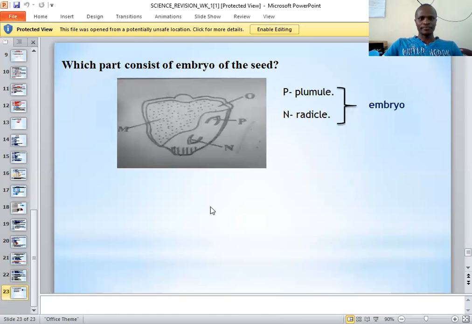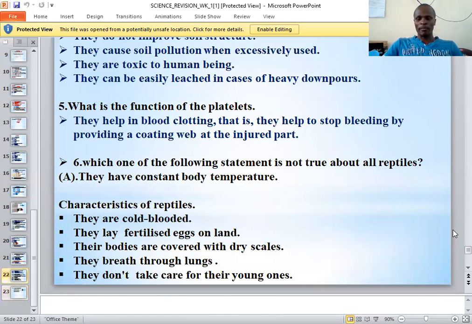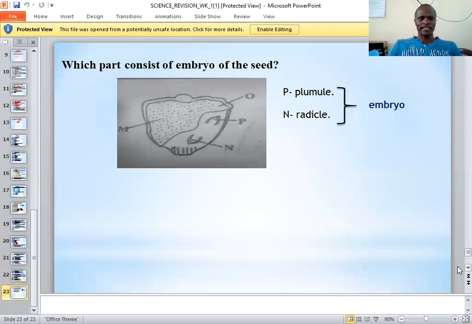And then finally, there was a diagram of a maize seed. And the question asked which part consists of the embryo of the seed. Remember, I said that the embryo is the young one of a seed, before the seed germinates into a seedling. The young one of a seed, not the young one of a plant, is called the embryo.